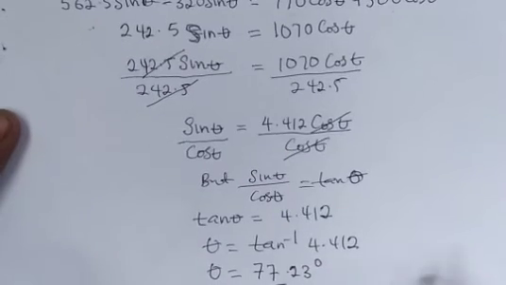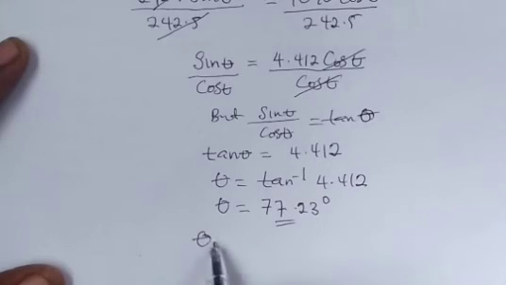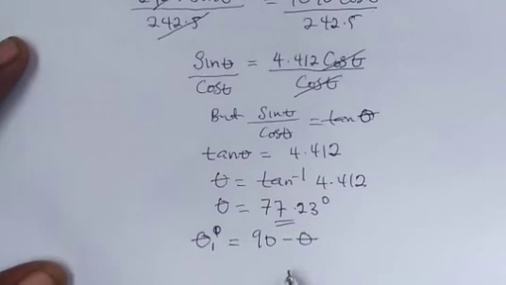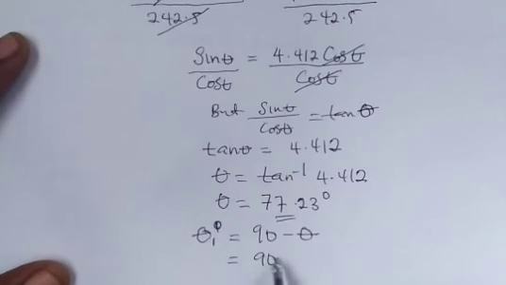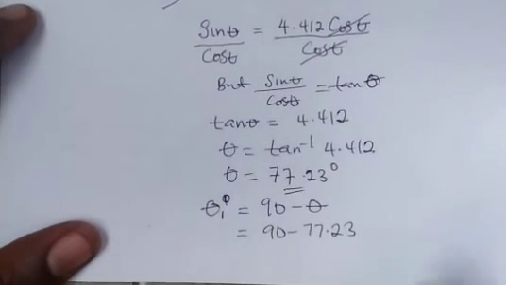That's our theta. If I want to get my theta 1, theta 1 is going to be 90 minus theta, so 90 minus 77.23 will give us 12.76. So my theta 1 will give us what?